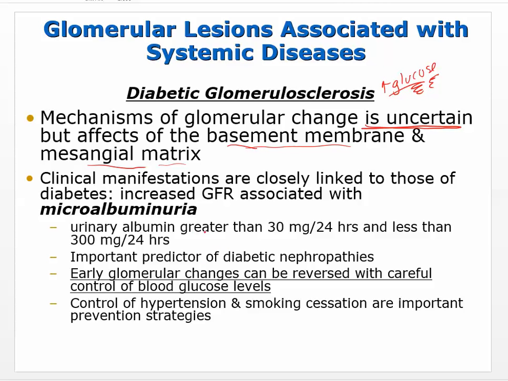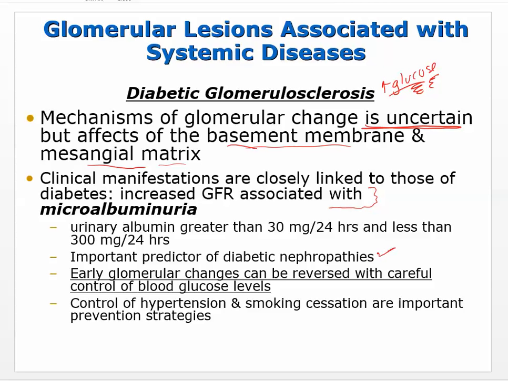So urinary albumin greater, and this will change actually as it progresses. You may see a change in GFR, but this is what you tend to see early on. So you see very little albumin, and yet your GFR is increased. So urinary albumin greater than 30 milligrams over 24 hours and less than 300.